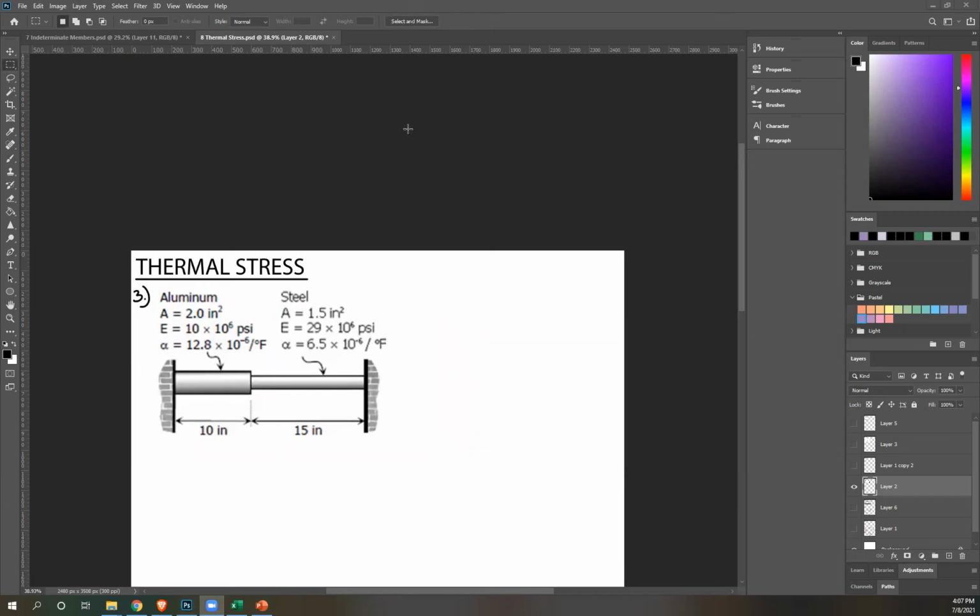We know that whenever we have something like that, there are actually reactions at these points, R1 and R2. If we do summation of forces equals 0, there's no applied force here, so R1 minus R2 equals 0. So R1 equals R2. That's our first step.